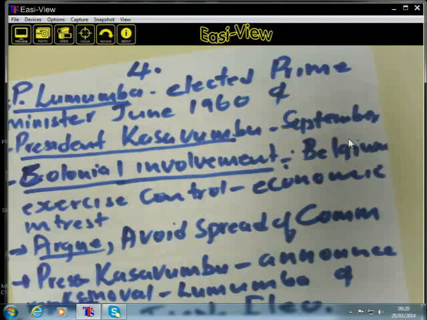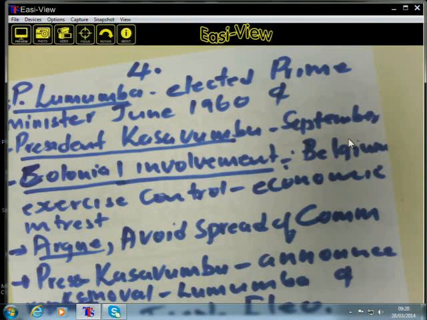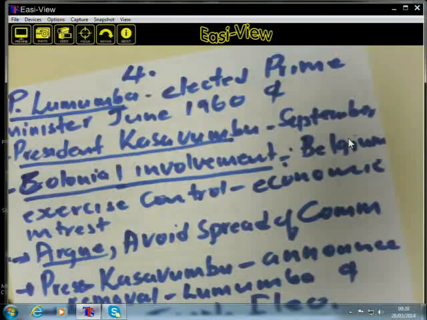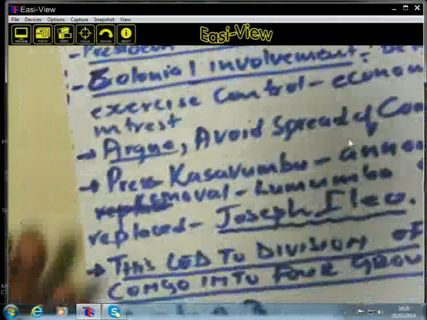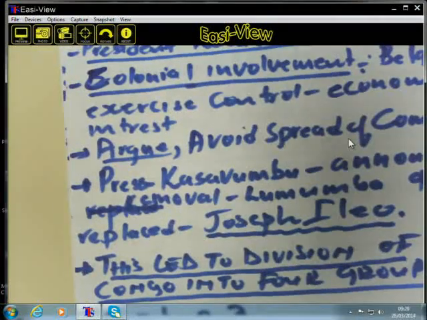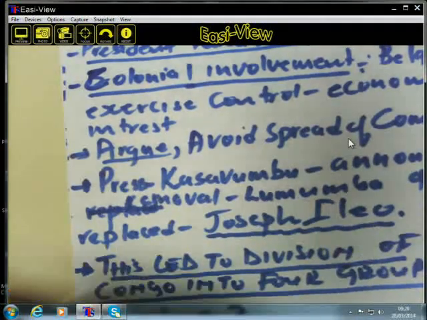They still wanted to exercise control over the Congolese with the intention of benefiting from the economy of Congo and developing their own country. That was the colonial involvement by the Belgians in Congo.